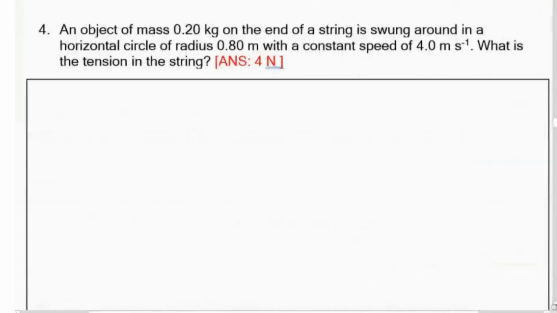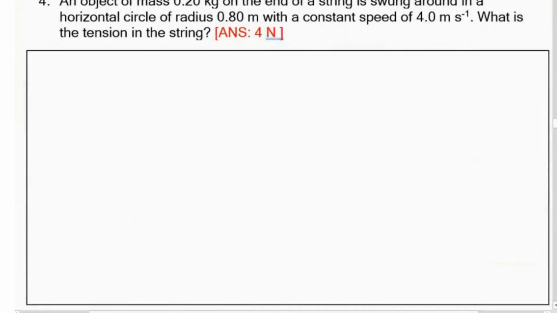An object of mass 0.2 kilogram on the end of a string is swung around in a horizontal circle. So this is horizontal circle. So given an object, so this is the object of mass m.